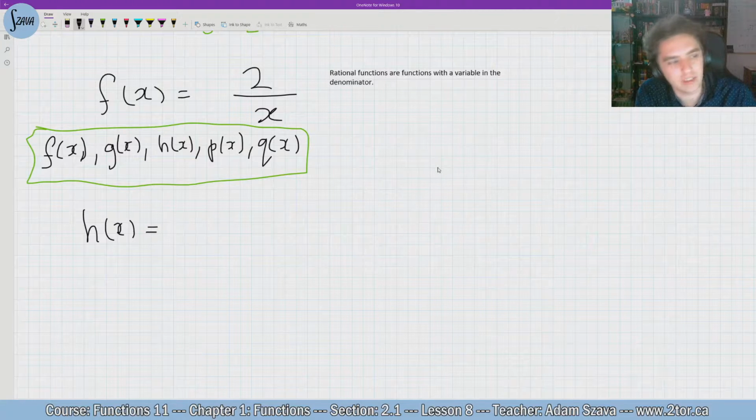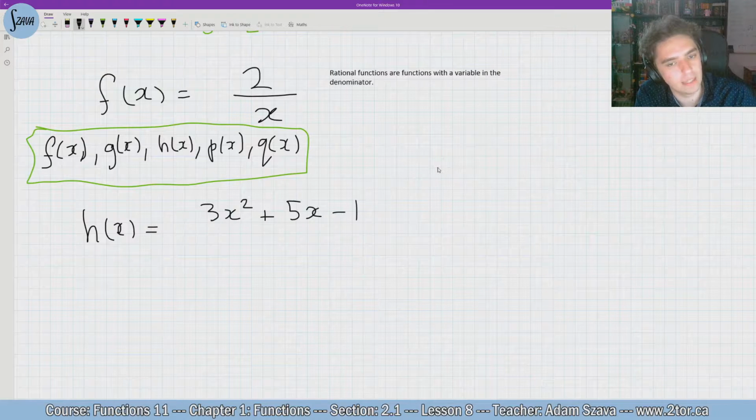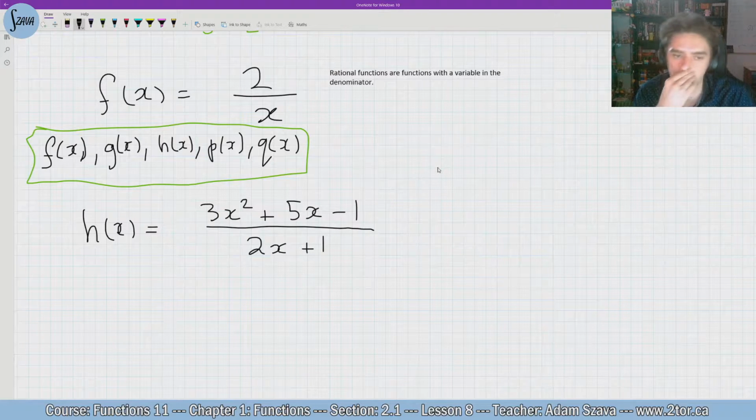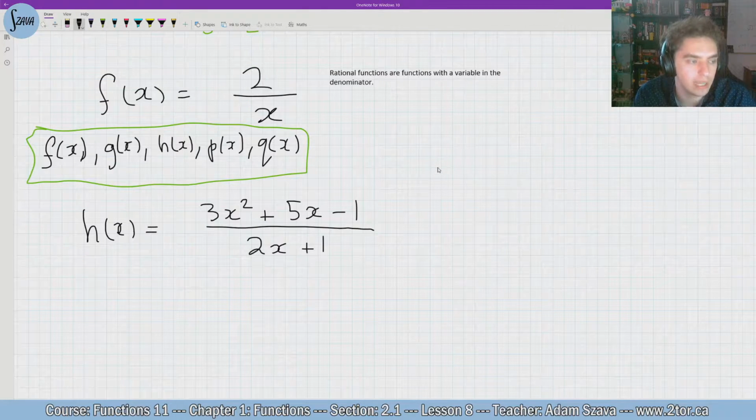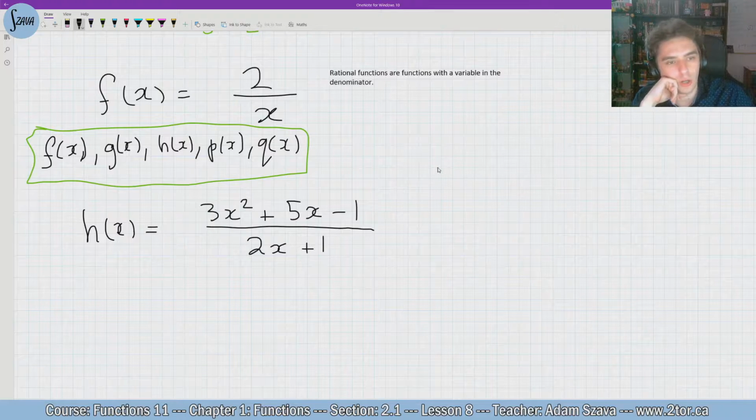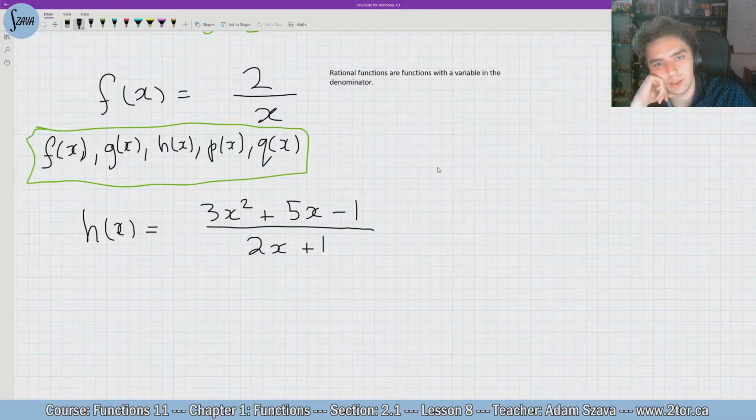So h of x, let's take a look at this one here, is 3x squared plus 5x minus 1 over 2x plus 1. So we have a rational function here. Let's understand every part of this.